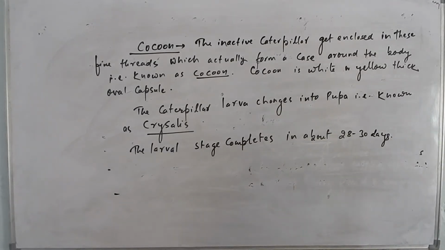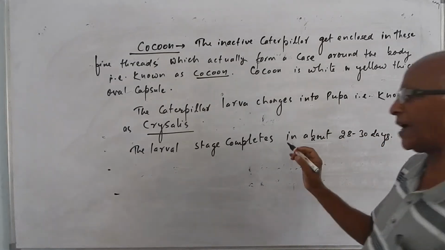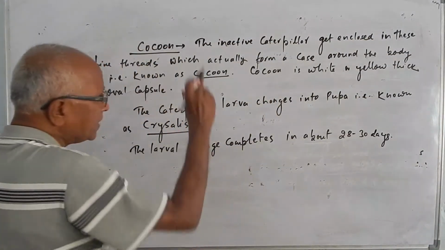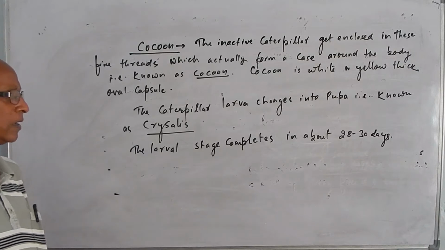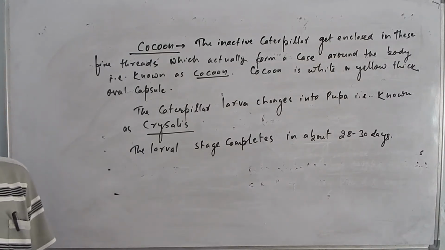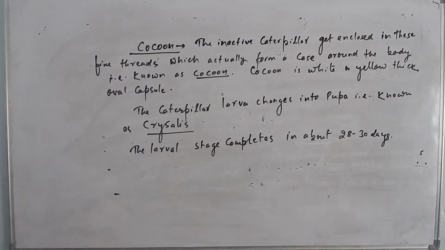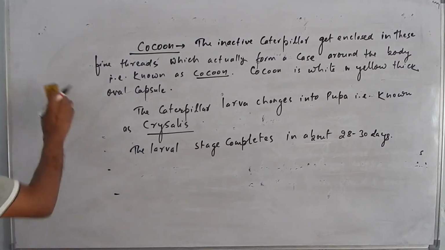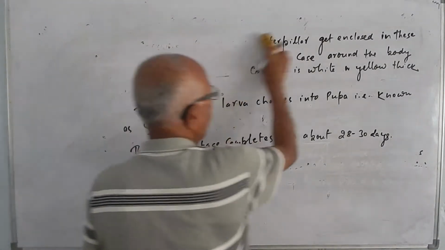So the cocoon is also known as a thick oval capsule, and inside the cocoon the caterpillar larva develops into the chrysalis. This complete stage of the larva takes about 28 to 30 days. Then another stage, that is the pupa.